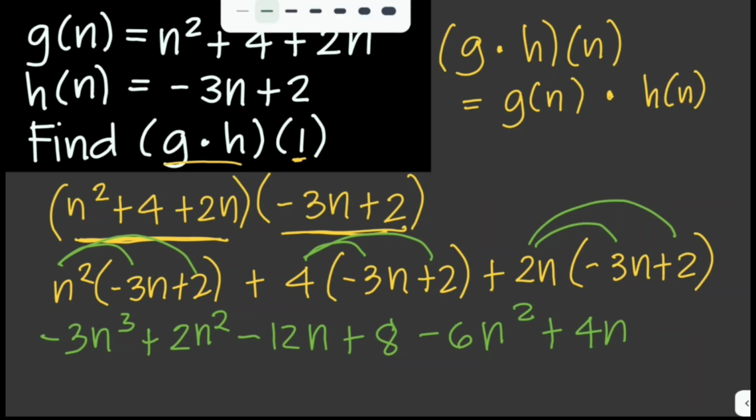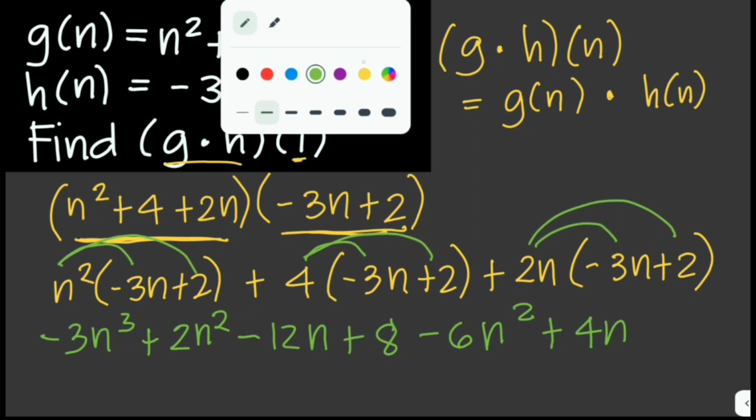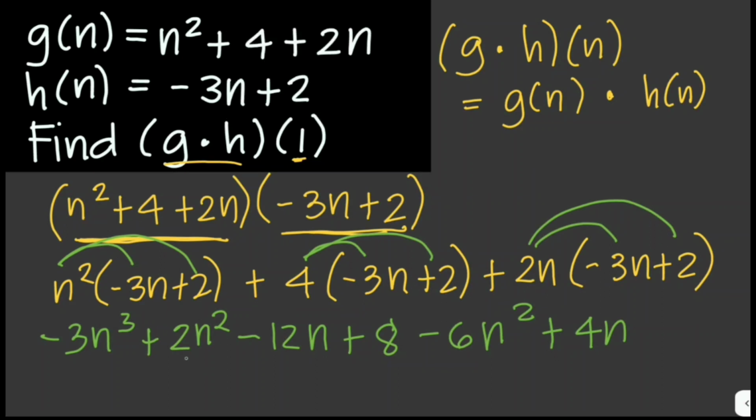And now we group like terms. So we can group 2n squared and negative 6n squared, as well as negative 12n and 4n. So this would be negative 3n cubed. 2n squared minus 6n squared is just negative 4n squared.